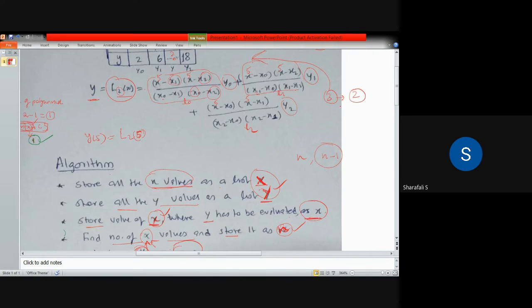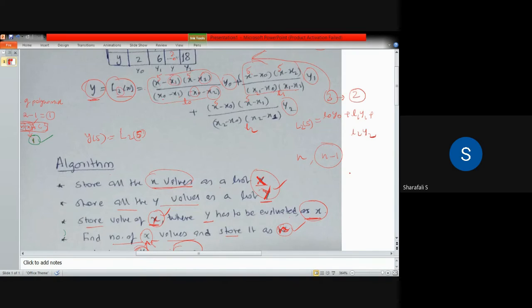So you have to find out y, which is equal to L2 of x, which is nothing but L0 y0 plus L1 y1 plus L2 y2. This is what you have to find out for L2 of 5 if you are calculating the y value for 5.